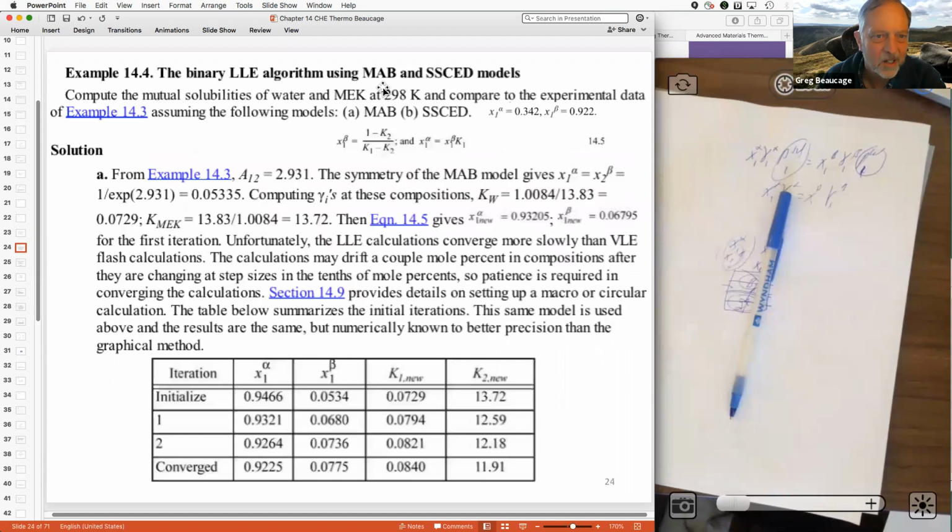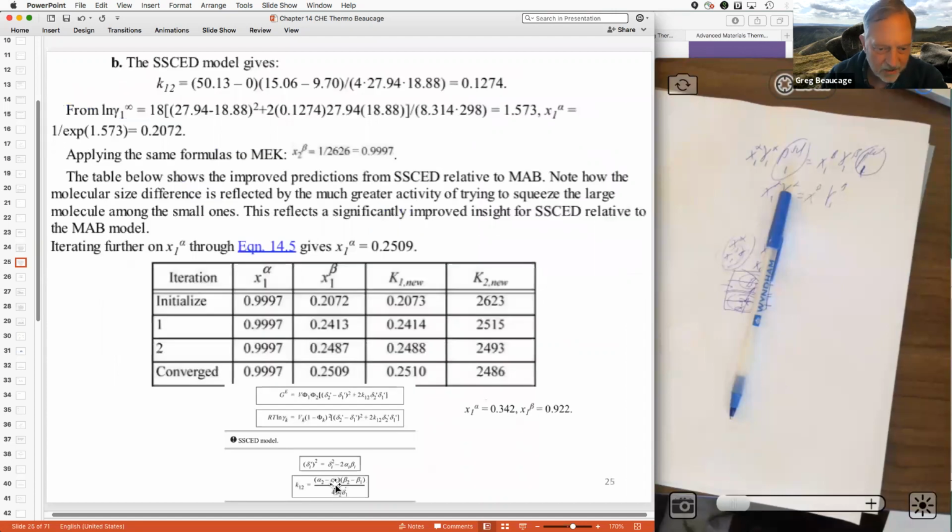Right, so this is water in any case, the same two that we were looking at before. And then assume MAB, which is the simple model. And then this SSCED model, which is this business down here. So it's got alphas, the acid base, it's got dells, it's got volume, it's got these k parameters.